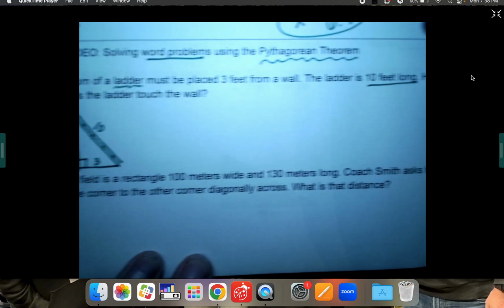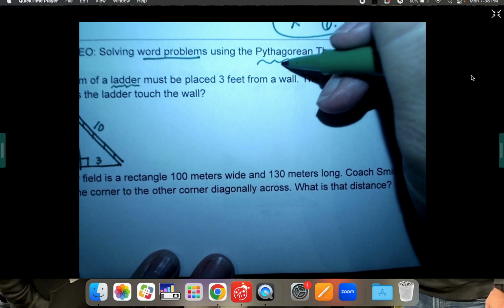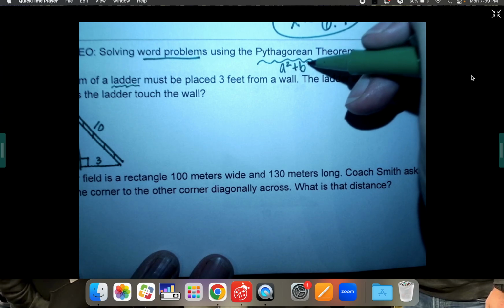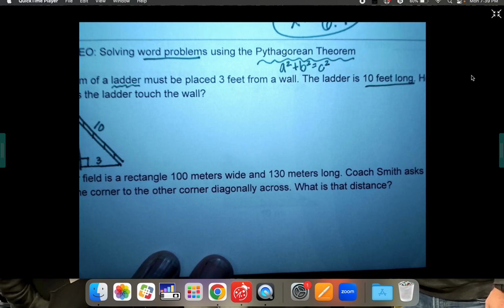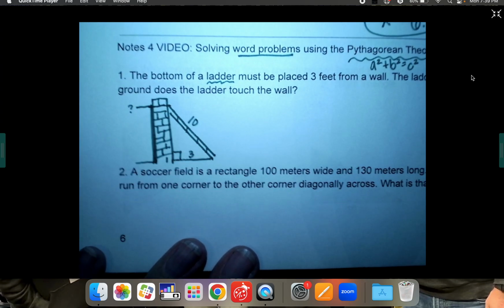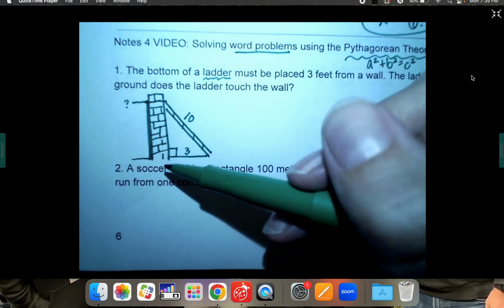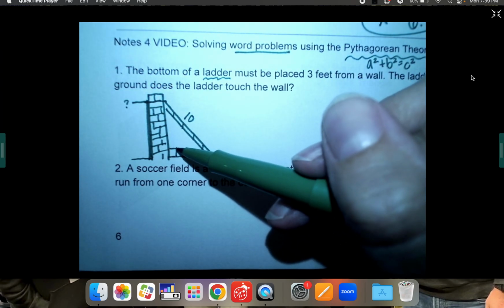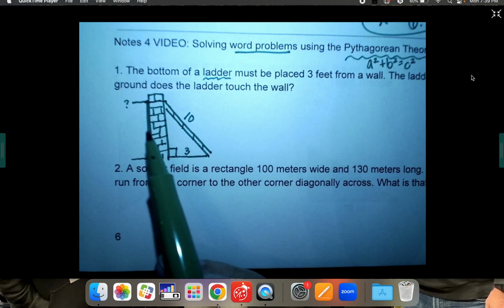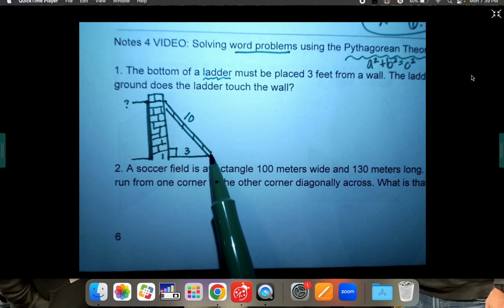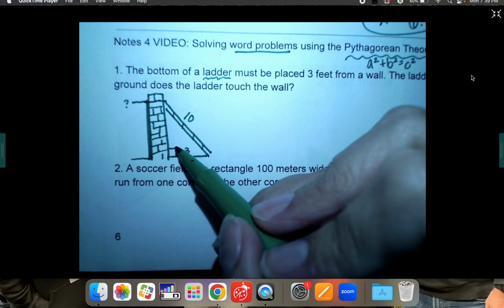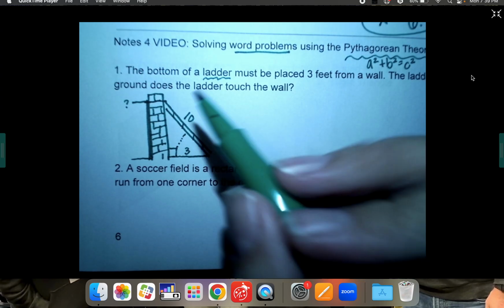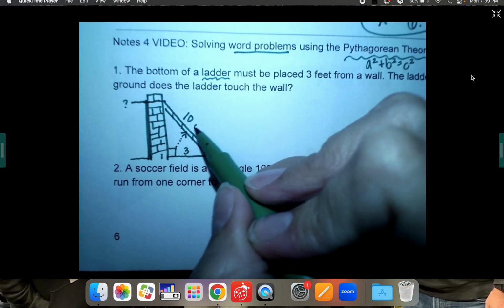The Pythagorean theorem, which you should definitely have memorized by now, is a squared plus b squared equals c squared. And the reason you can use this is because it only works in finding sides of a triangle if the triangle is a right triangle. So we know the longest side, the diagonal across from the right angle, which is the hypotenuse, the c.